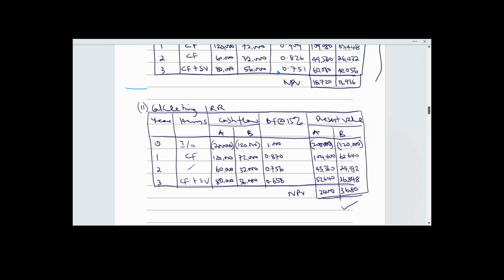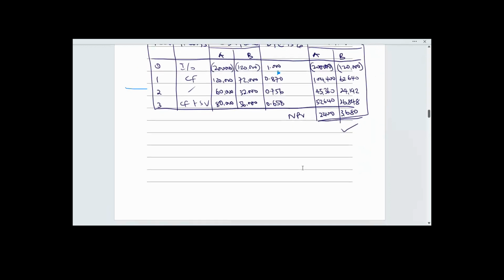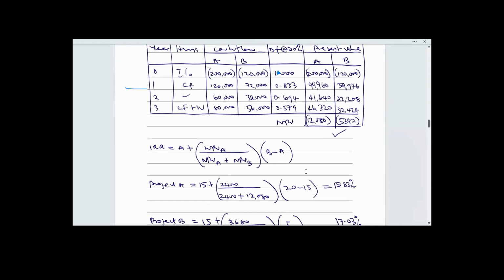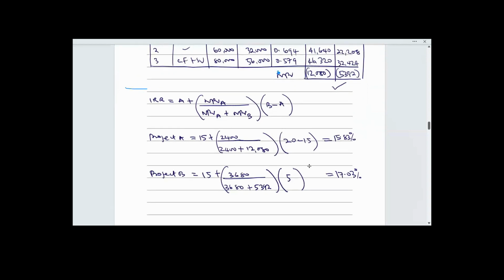Therefore, I started from 15%. When I assumed 15%, it gave me a positive NPV for each of the projects. So I had to increase to 20% to get a negative NPV. And at the end of the day, I calculated my IRR. So this is what is expected of you.